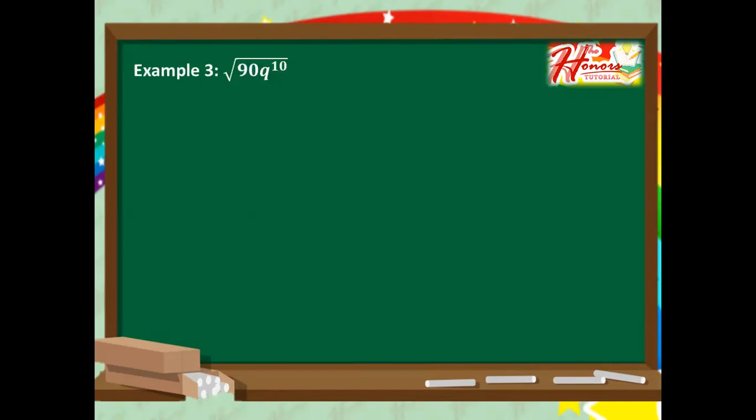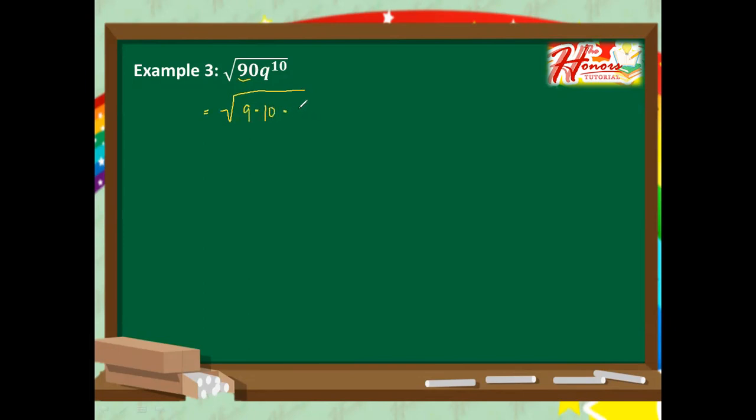For number 3, this is the square root of 90 q raised to 10. I want you to think of factors of 90. The first factor is a perfect square number and the other one is not. So in this case, for 90, let's try 9 times 10 because 9 is a perfect square number and 10 is not.